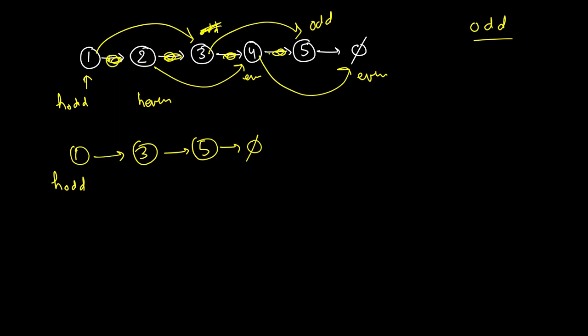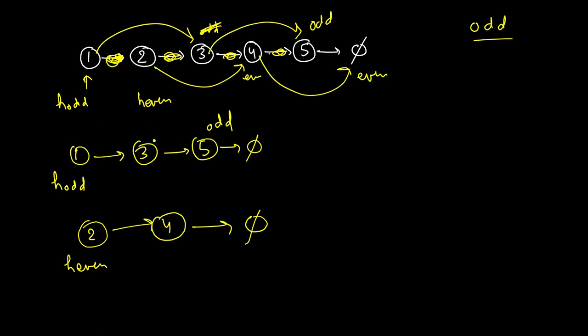Now what is the other one? No node's next is h even, we had detached it, so it's independent. 2 is here, and this is h even. 2's next is 4, 4's next is null.